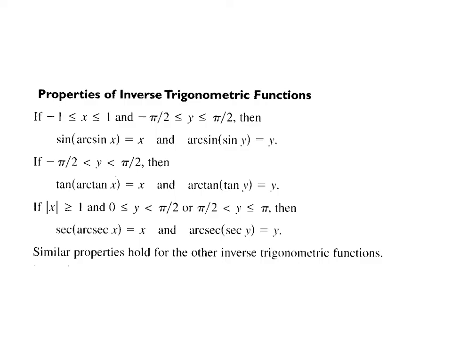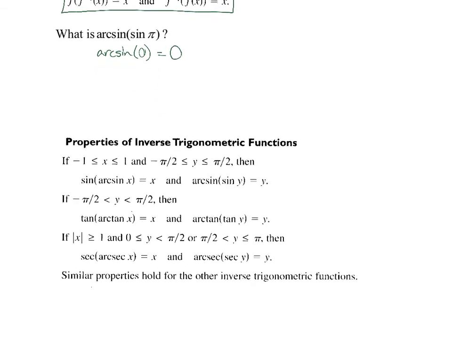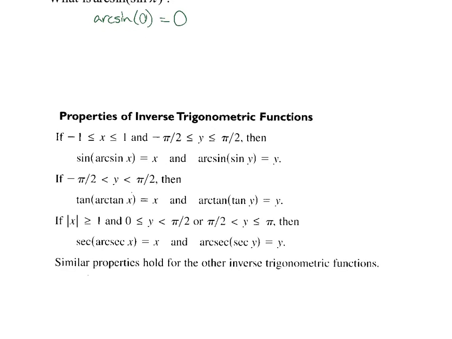Like the last one we just did. So it is pi, but it is out of the interval, so I minus pi to get 0. Don't think of it as minus pi, because it's not always going to be that. It's going to be what's your reference angle. If your reference angle is 0, then you go to the first quadrant, reference angle is 0, you're right at 0. Okay?